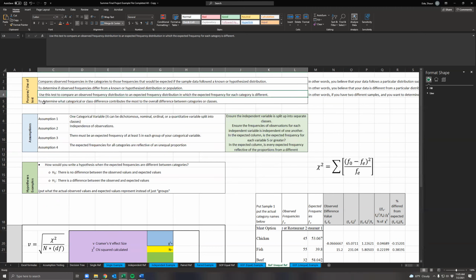That's what that's saying. To determine what categories or classes are different, contribute to the most overall difference in the categories or classes. But we're going to stick with this one right here to determine if observed frequencies differ from a known or hypothesized distribution or population.